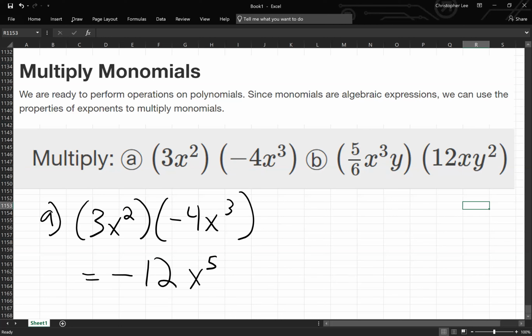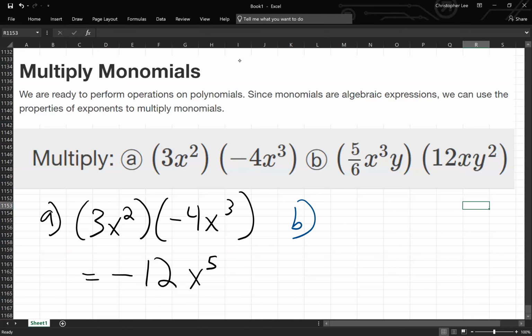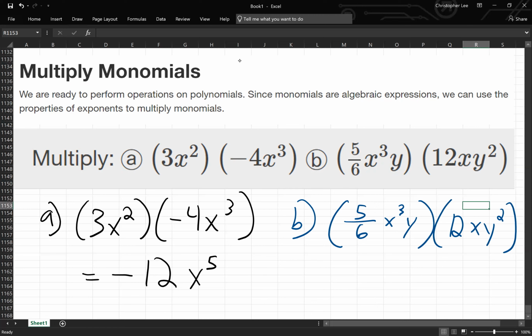How about B? I have 5/6 x to the third y times 12 xy to the second power. So help me out. Numbers with numbers, variables with variables. So 5/6 times 12 is what?